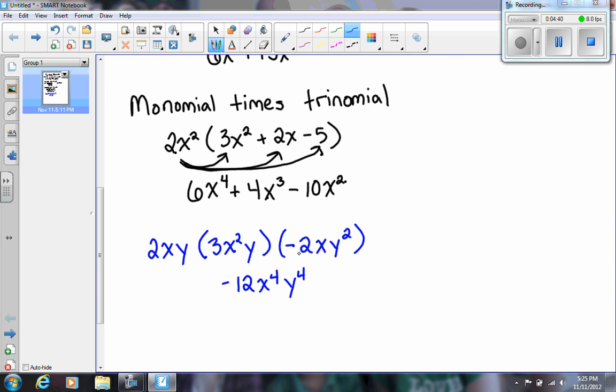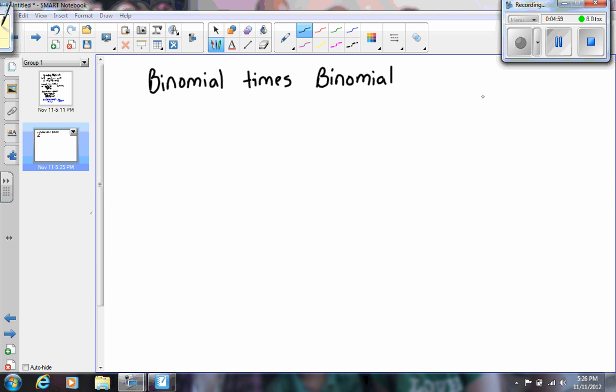So in this case, I do not distribute. Okay, so watch out for that. Don't confuse that when you're multiplying a monomial times a binomial or a trinomial.